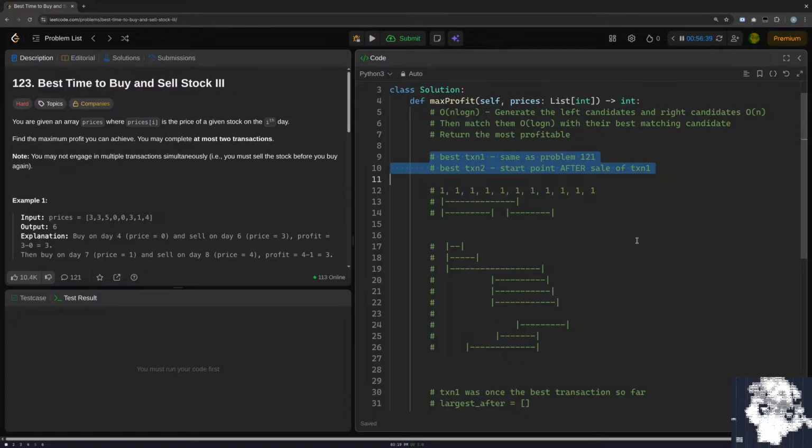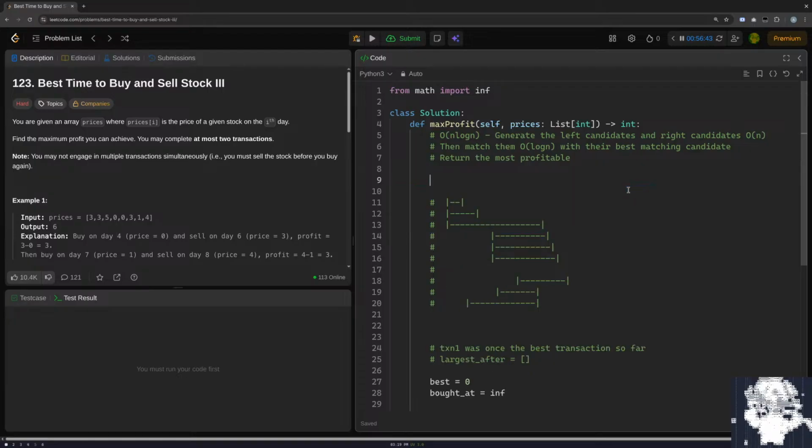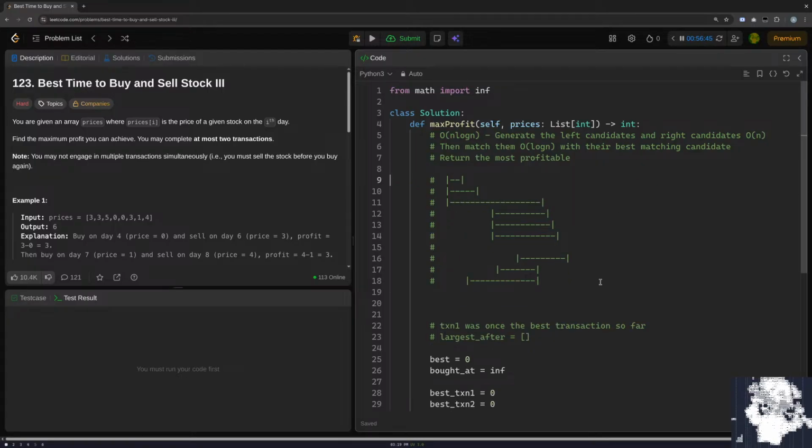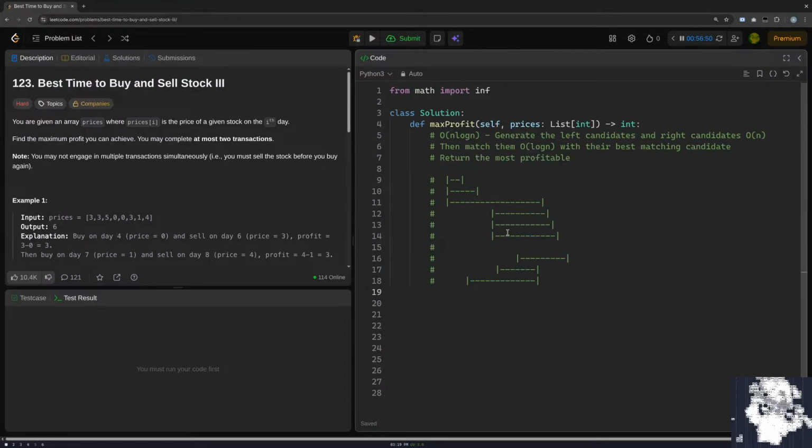Okay. Let's try that. So we know how to generate the left candidates.